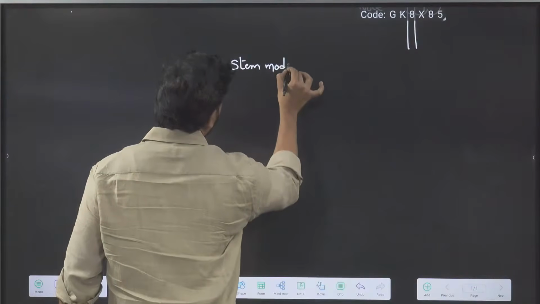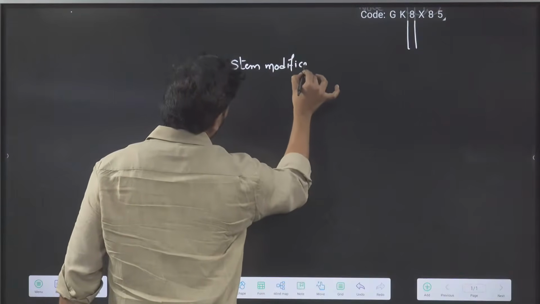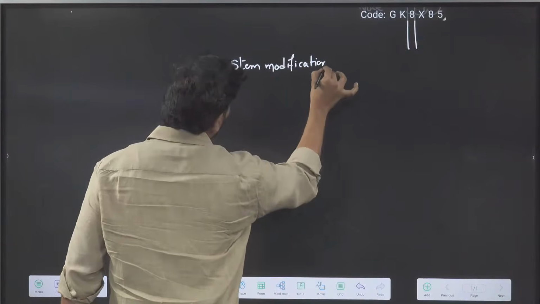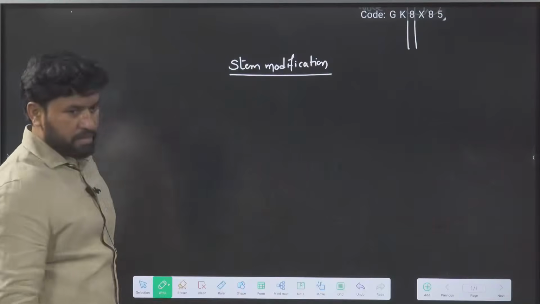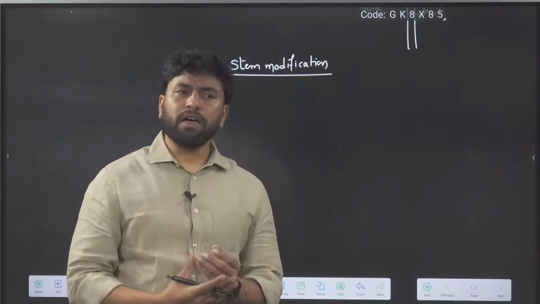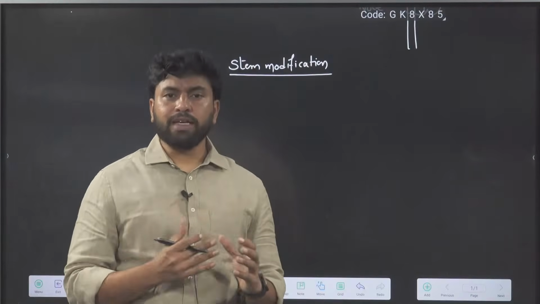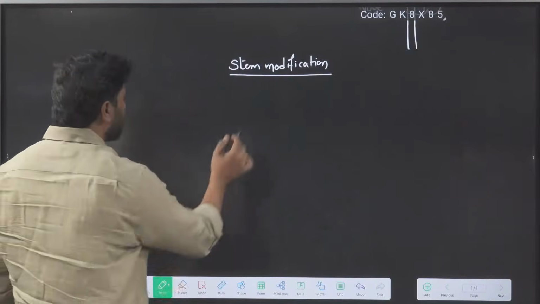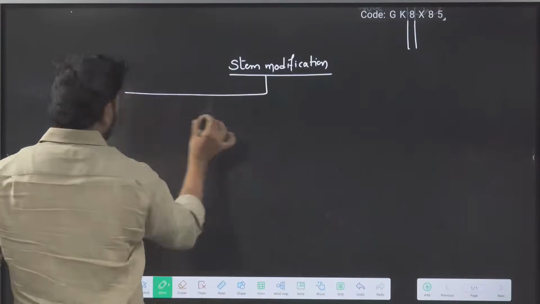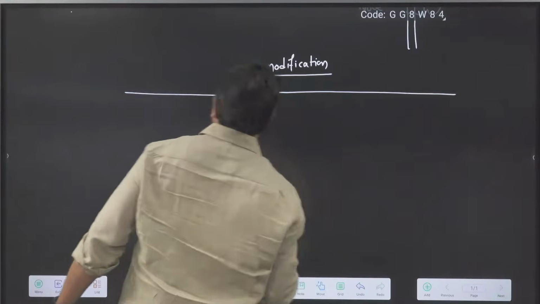Other than its regular function, any activity performed by a stem would be considered a modification. Modifications are a variety of adaptations to conduct various functions in order to survive. Stem modifications we divide into three categories.